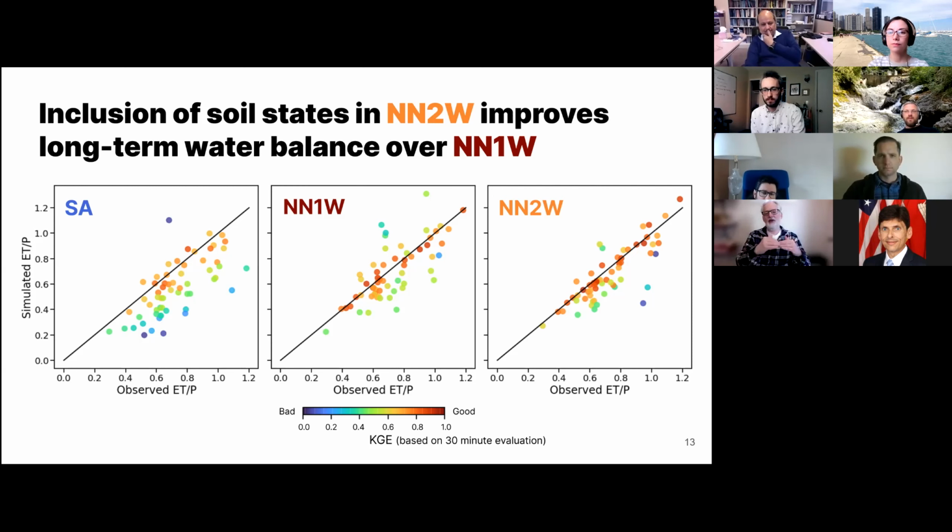But at the end, when you have a neural network model, you cannot isolate the different parts of the network and attribute, for example, this bunch of neurons is responsible for evapotranspiration. This bunch is responsible for soil moisture. It's not like that. They all work together to produce a response.